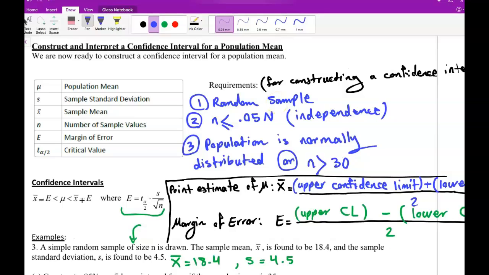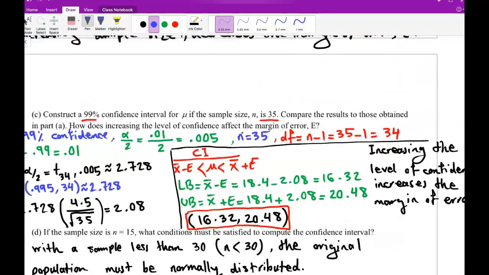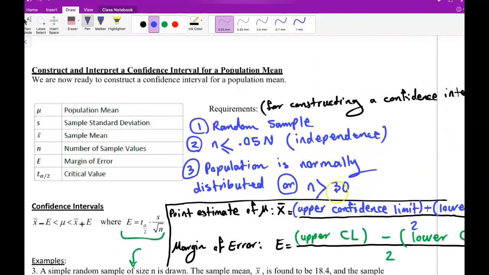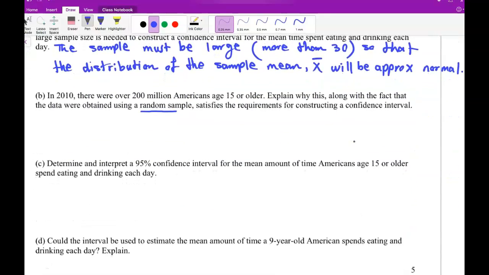We already have a random sample, and we should have the sample size less than or equal to 5% of population size, and n greater than 30. So we should have n greater than 30, and based on step 2, that means we have independence. Okay, back to here, all 3 requirements, we should have all these.